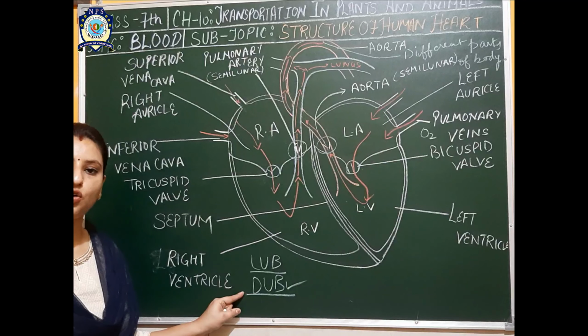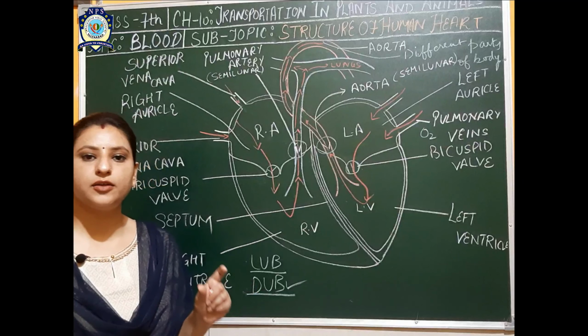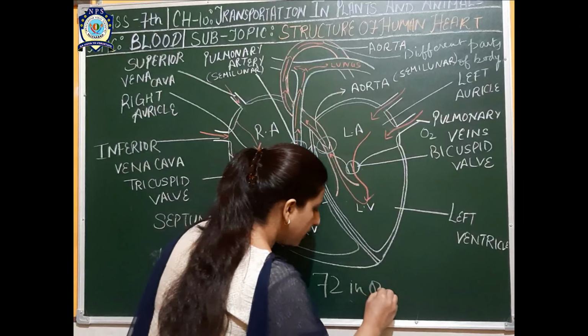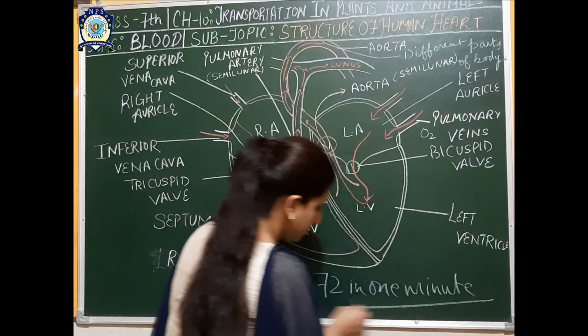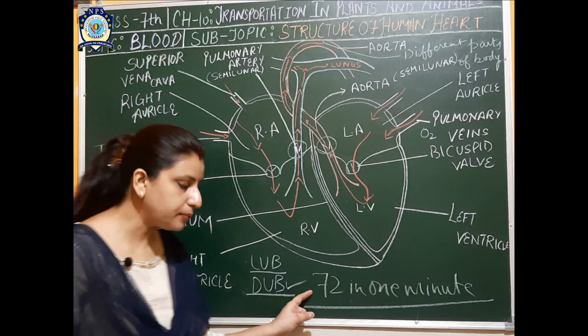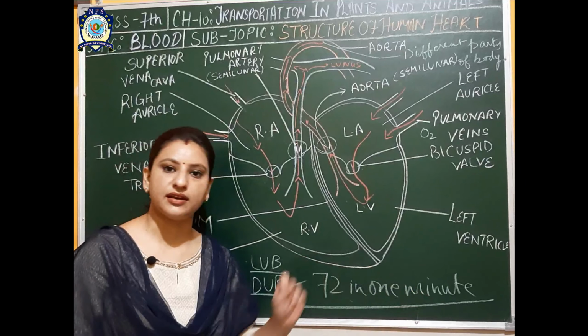So this is the sound which is produced by the heart, that is lub and dub. And the heart beats 72 times in 1 minute. Okay, or you can say a healthy person has a heartbeat of 72 times per minute.